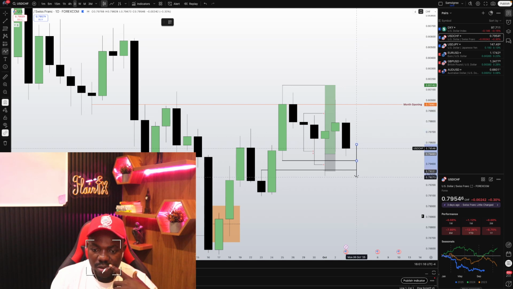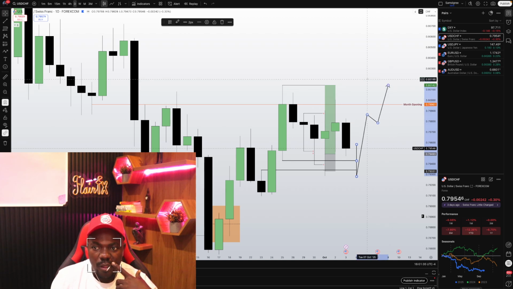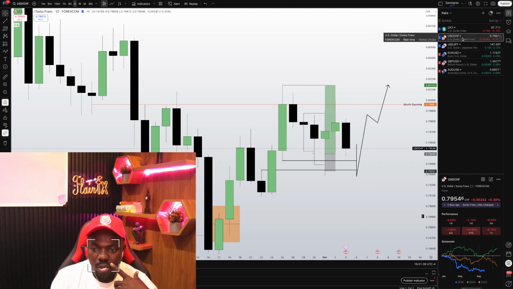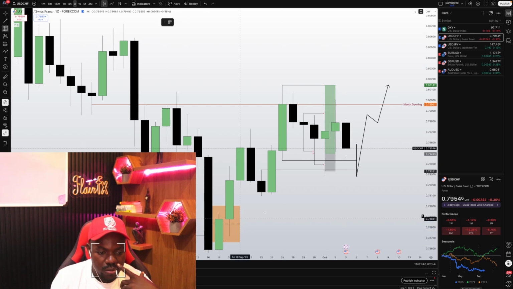Or if Monday candle takes out this low and Tuesday candle becomes a bullish candle to turn this into another block, then when it taps into it, we get a continuation to the upside. Yeah, something like that.